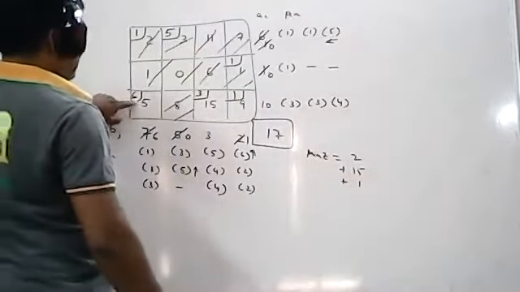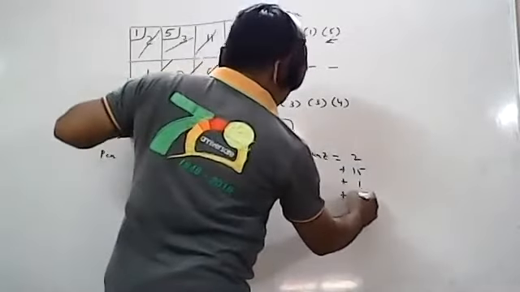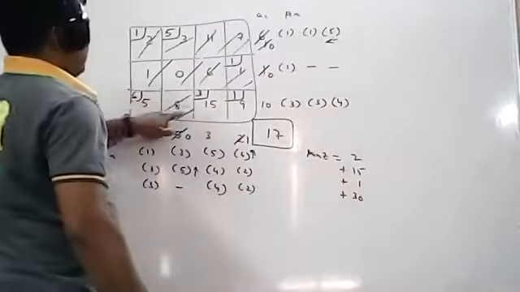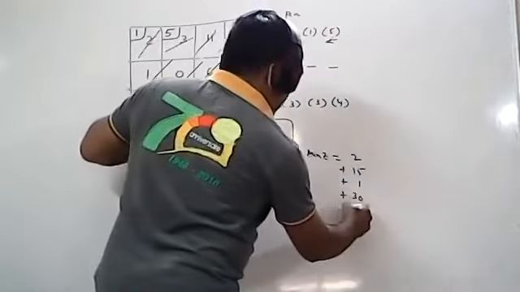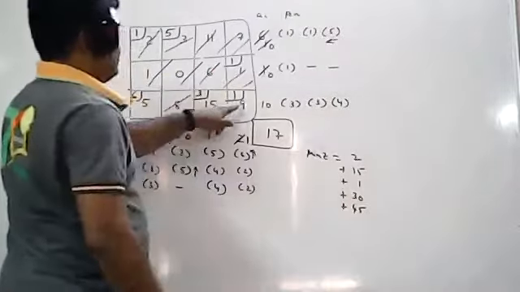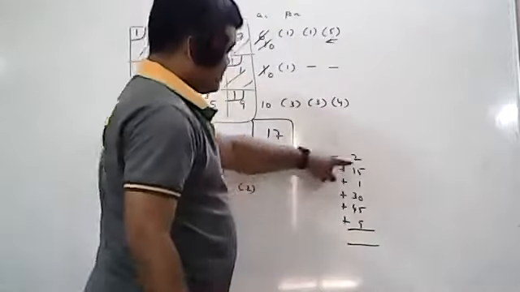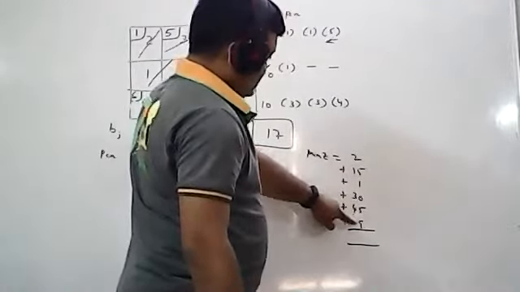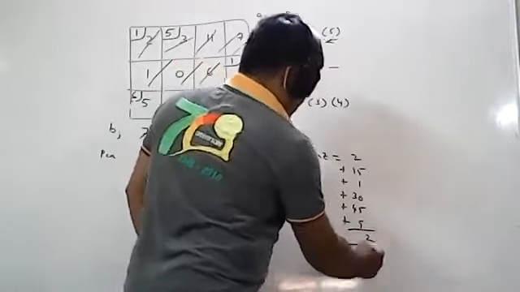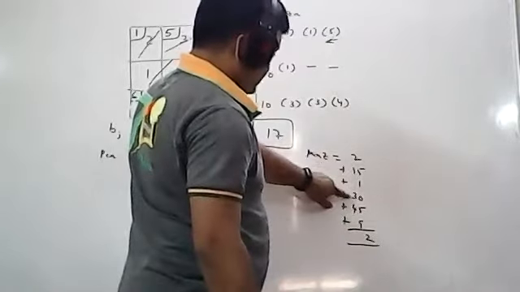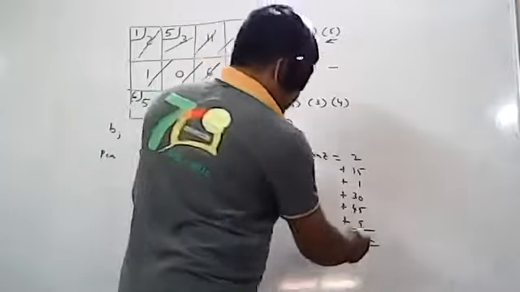Next 5 into 6, 30. Next 15 into 3, 45. 9 into 1, 9. Adding them, you get the total 10.